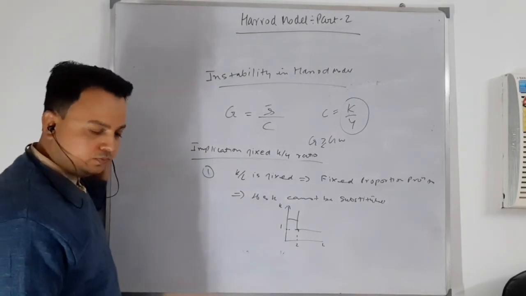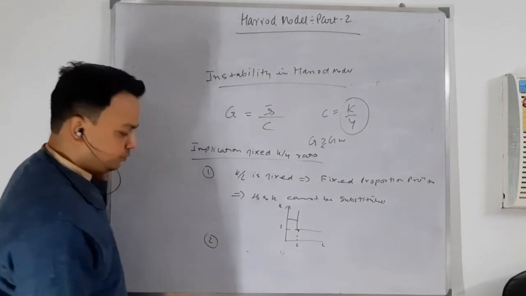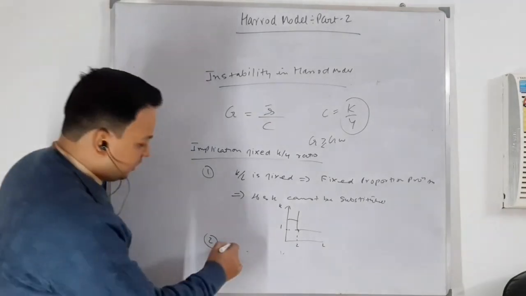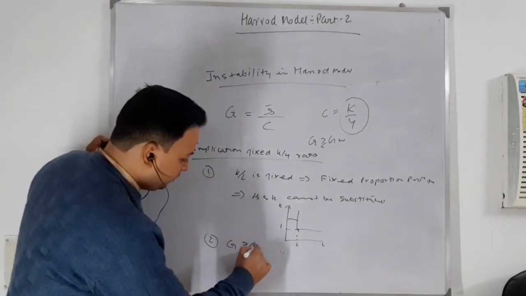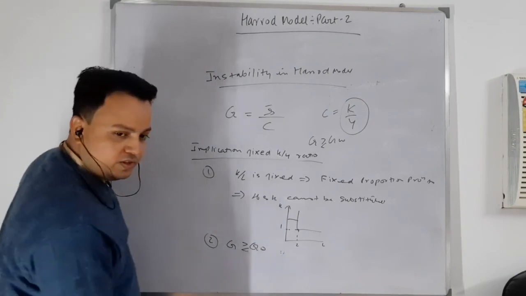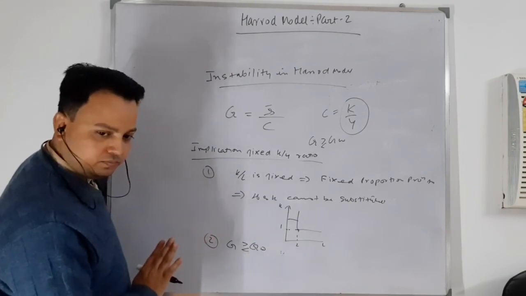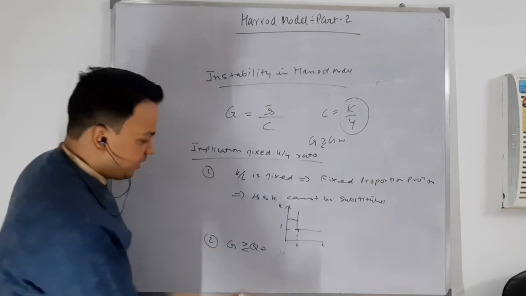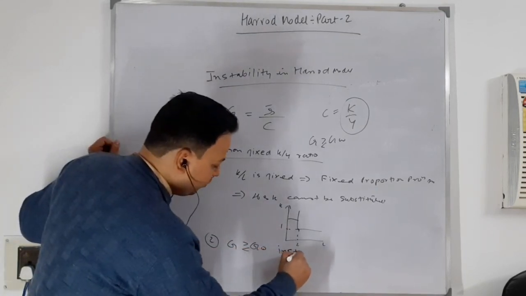Second, since the capital output ratio is fixed, when G deviates from Gw, there is no mechanism in the model that can equate these two. So it is providing instability in the model.